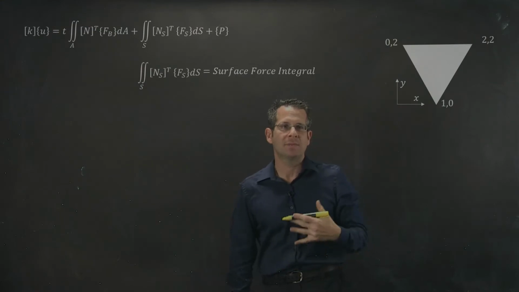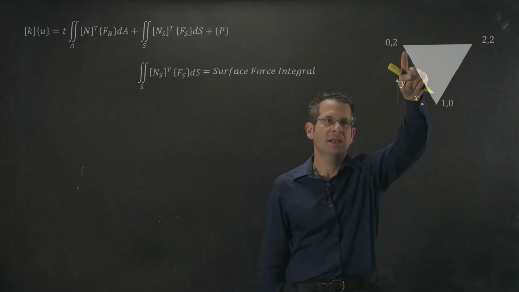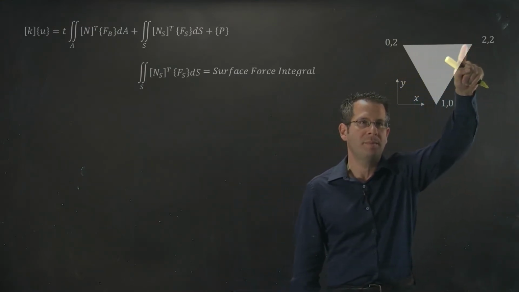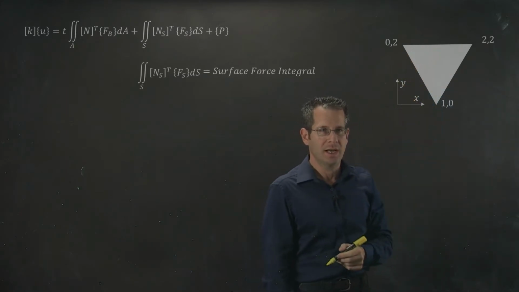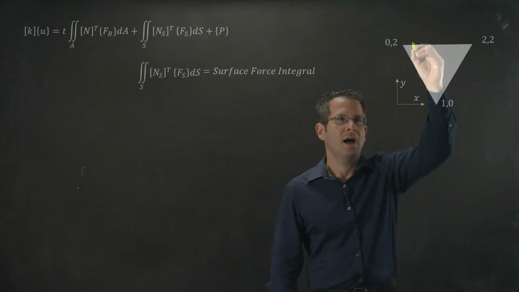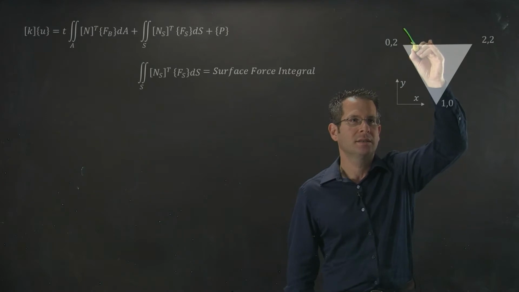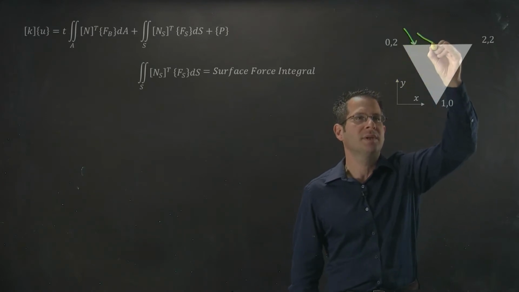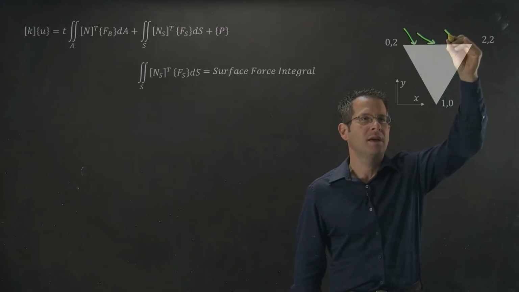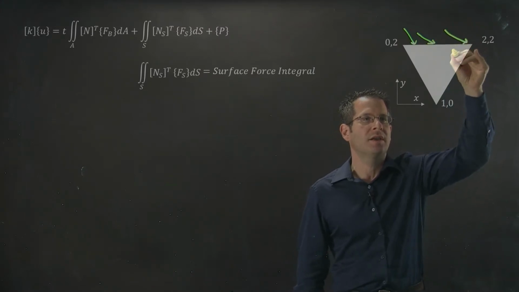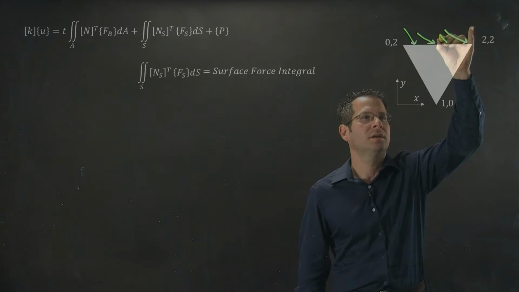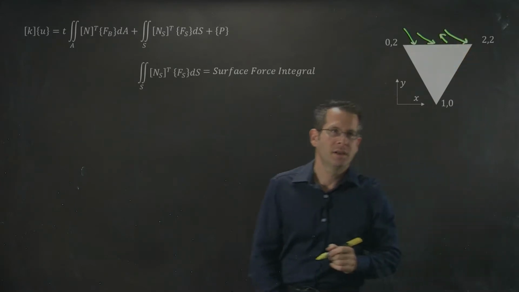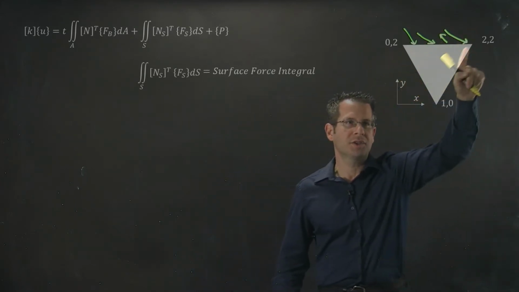Suppose I had some forces that were applied just along this top boundary of my two-dimensional element. Each force along this length, which is distributed along the length, might change along the length of the surface.